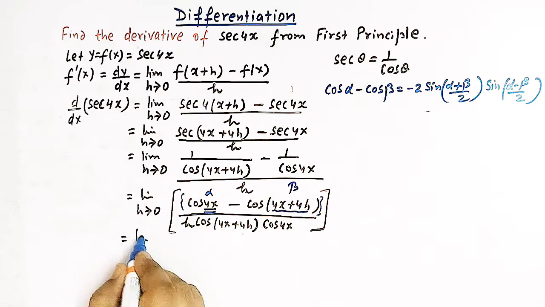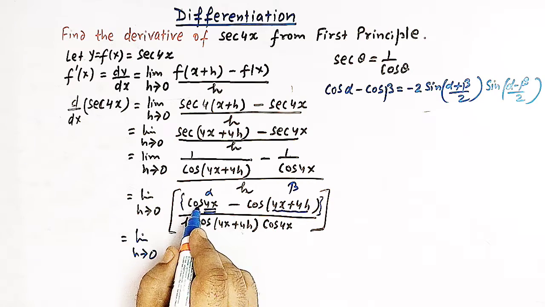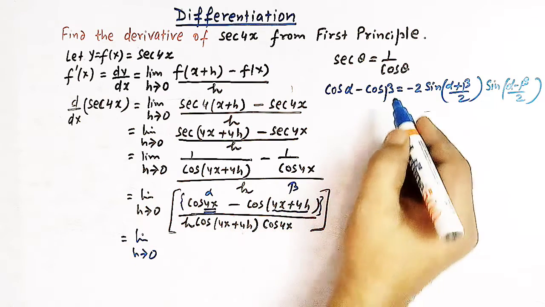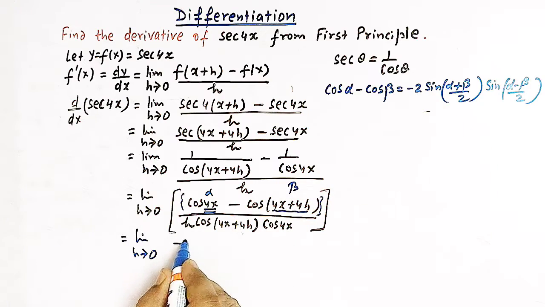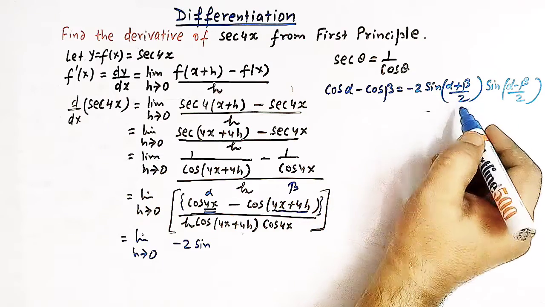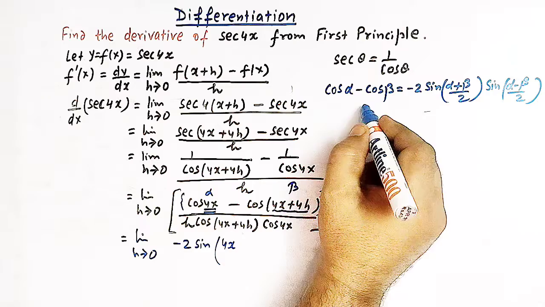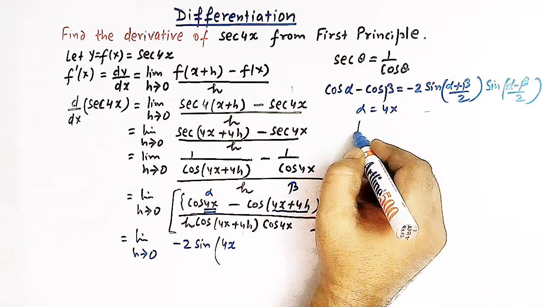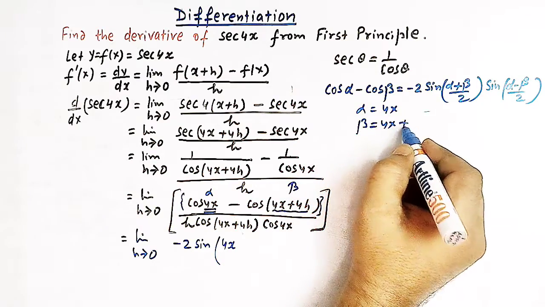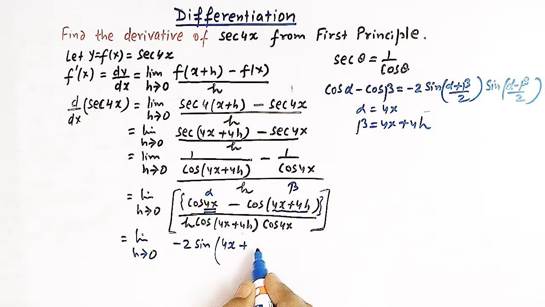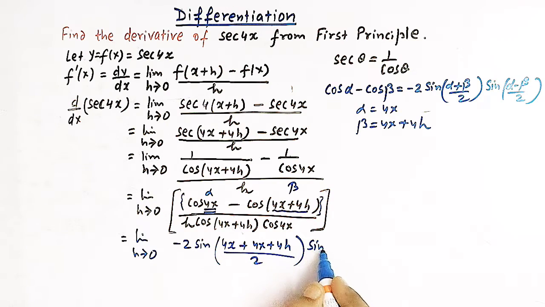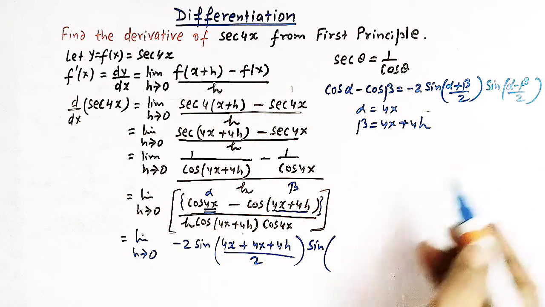So now we can write limit h tends to 0. We have cos alpha minus cos beta equal to minus 2 sine of alpha plus beta over 2. Alpha is 4x, beta is 4x plus 4h, so we have 4x plus 4x plus 4h divided by 2, and then sine of alpha minus beta over 2.